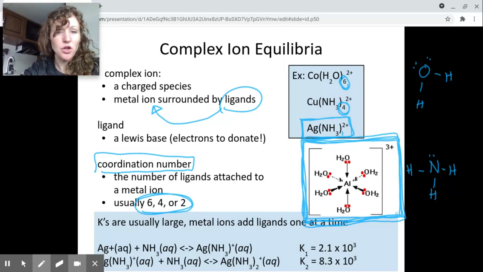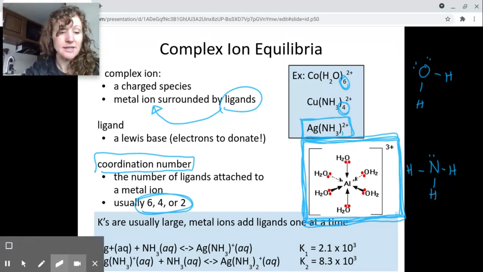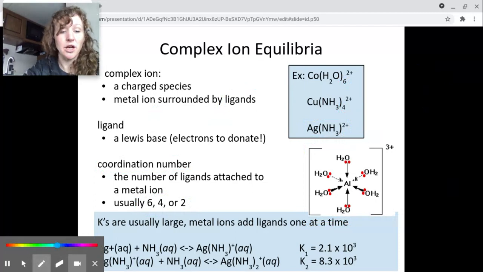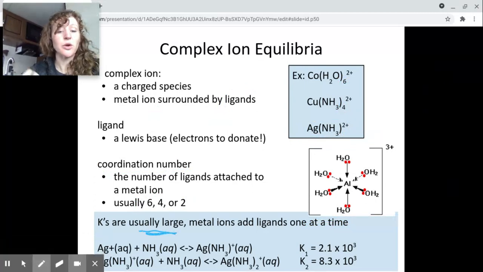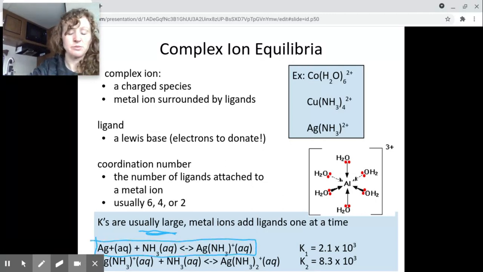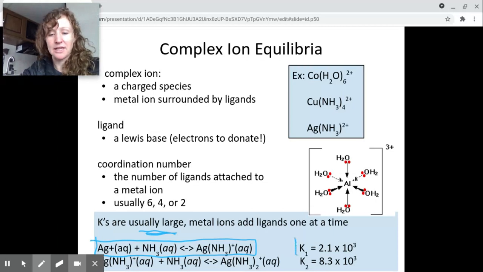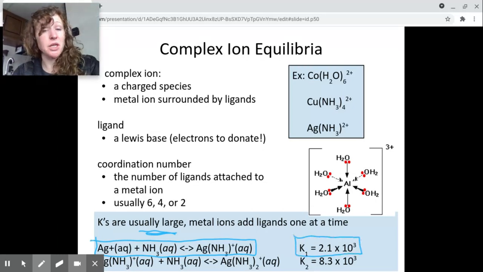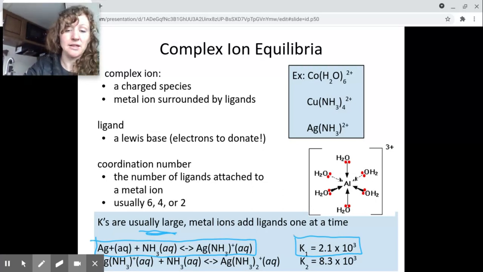Okay, last thing to know about complex ions, their Ks are usually pretty large. So for example, we see a couple of reactions down here with the metal ion. You have that Lewis base forming a complex ion, and the K here is 2.1 times 10 to the third. That's a pretty big K. So it's going to form in pretty substantial amounts. Also, notice that the metals add those ligands one at a time.